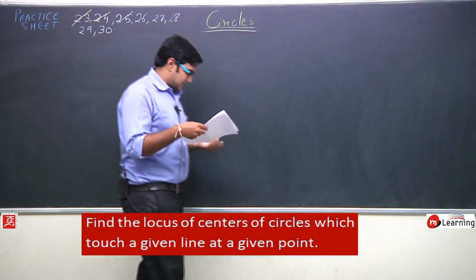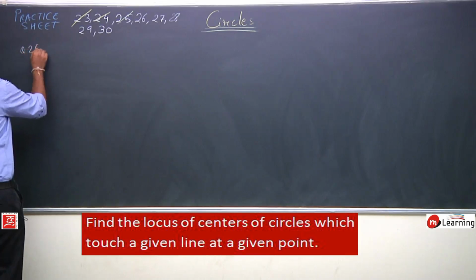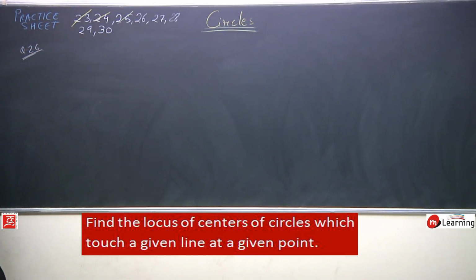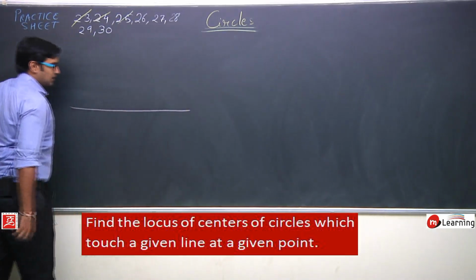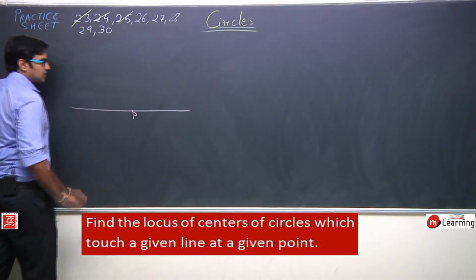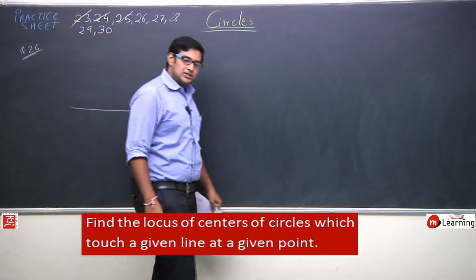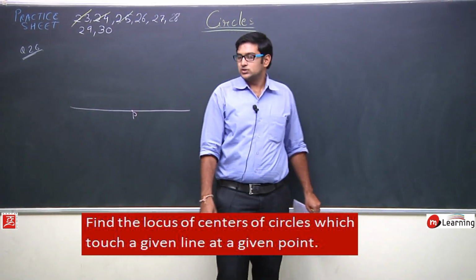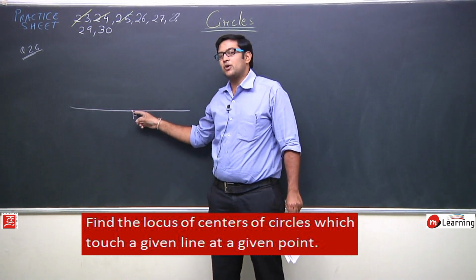So this question says, let us suppose there is a line. Let us suppose this is a line, and on this line there is a point P. You need to determine the locus of centers of the circles which touch this particular point.